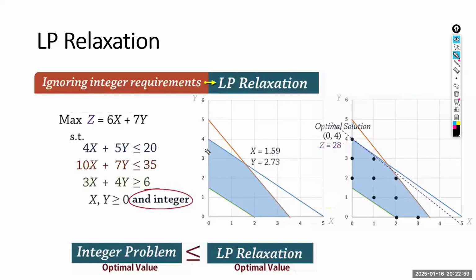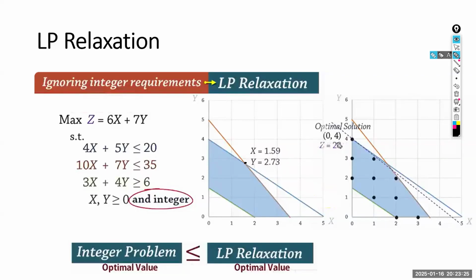linear programming question, first you do the LP relaxation and just get the normal answer and the optimum value also. Right. So now you want to find the integer solution. For your integer solution, the optimal value is going to be either the same value as this or less than this.